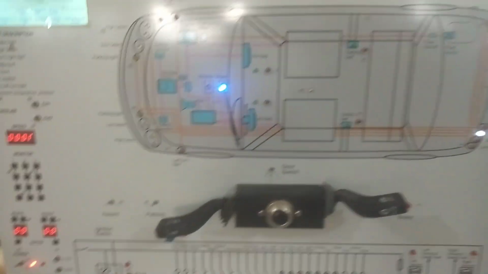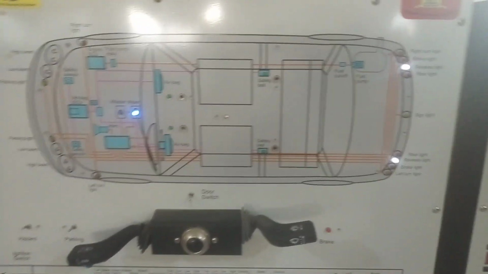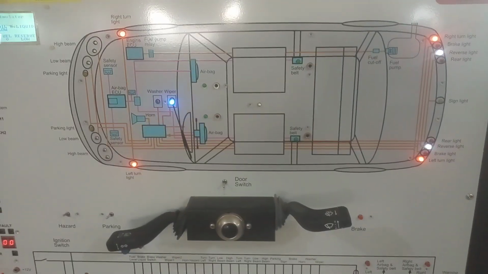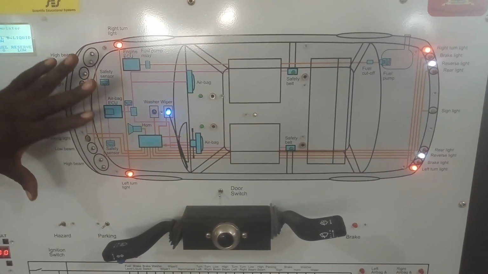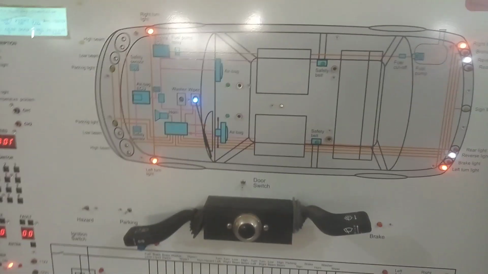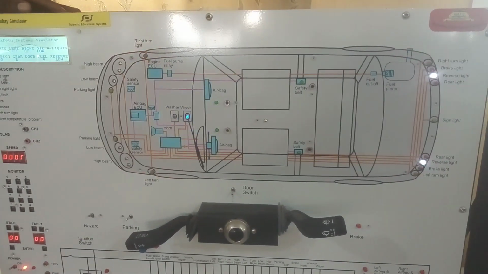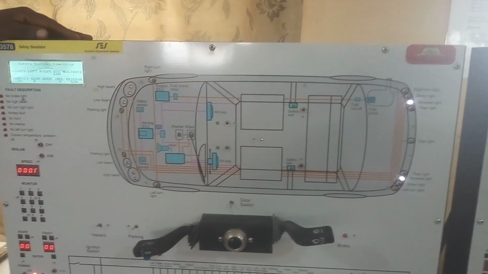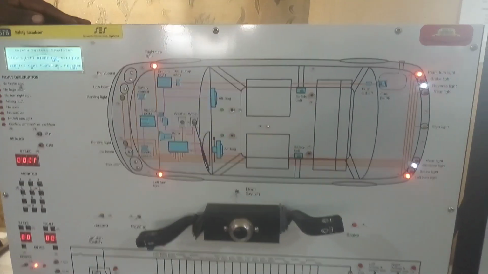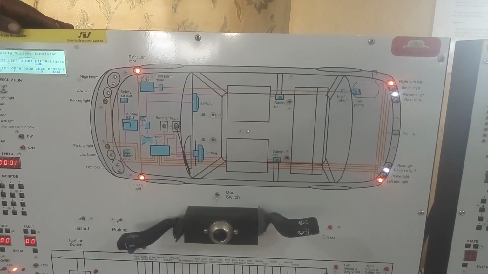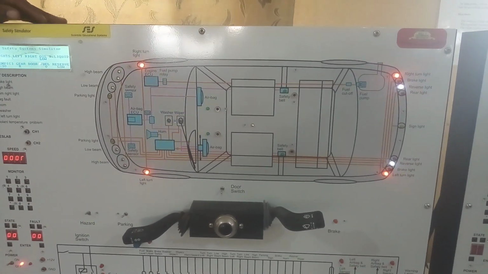When you see a thing like this, sometimes people say double trafficator, double indicator. They give it so many names. But as you can observe, this is a hazard light, telling you that that vehicle has a problem. If you are coming behind it or you are coming in front of it, you should know that that vehicle has a fault, and you must be careful.